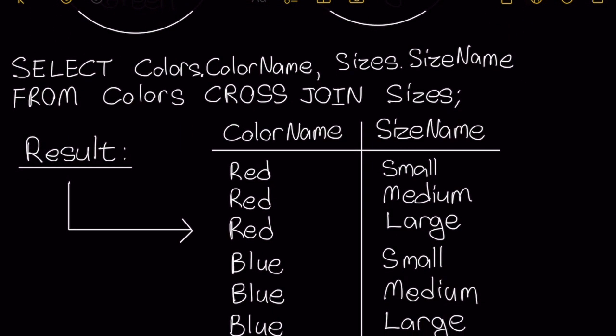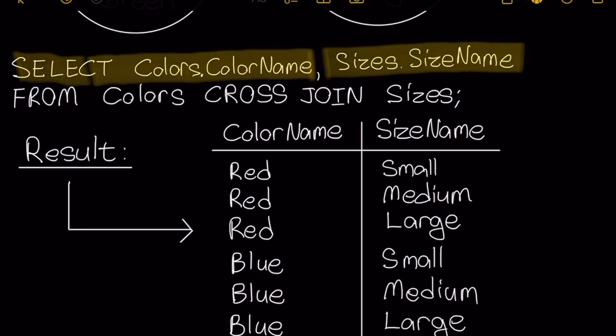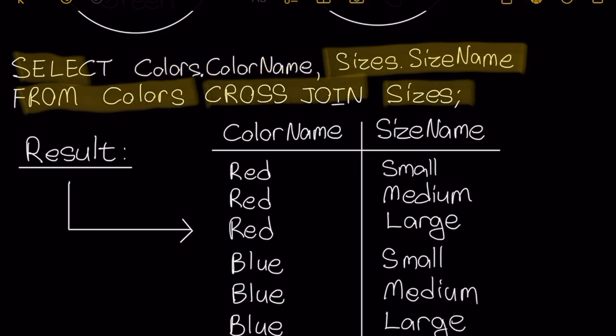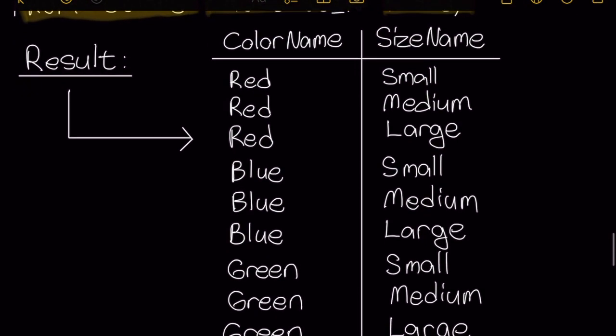The SQL query for this is select colors.colorName, sizes.sizeName from the colors table, cross join sizes. And the result is a 9-row table. The reason is because we're doing a Cartesian product. So we get back every possibility.